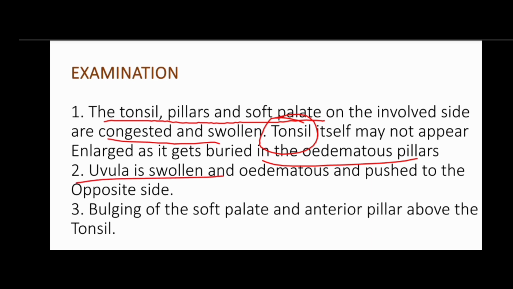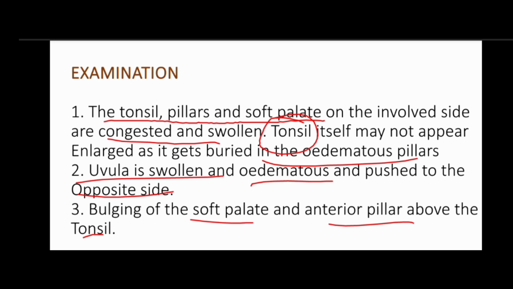The uvula may be swollen and edematous and pushed to the opposite side. If the peritonsillar abscess is present on the right side, the uvula is deviated to the left side, and there is bulging of the soft palate and anterior pillar above the tonsil. Finally, the tonsil, pillar, soft palate, and uvula are all congested and swollen.